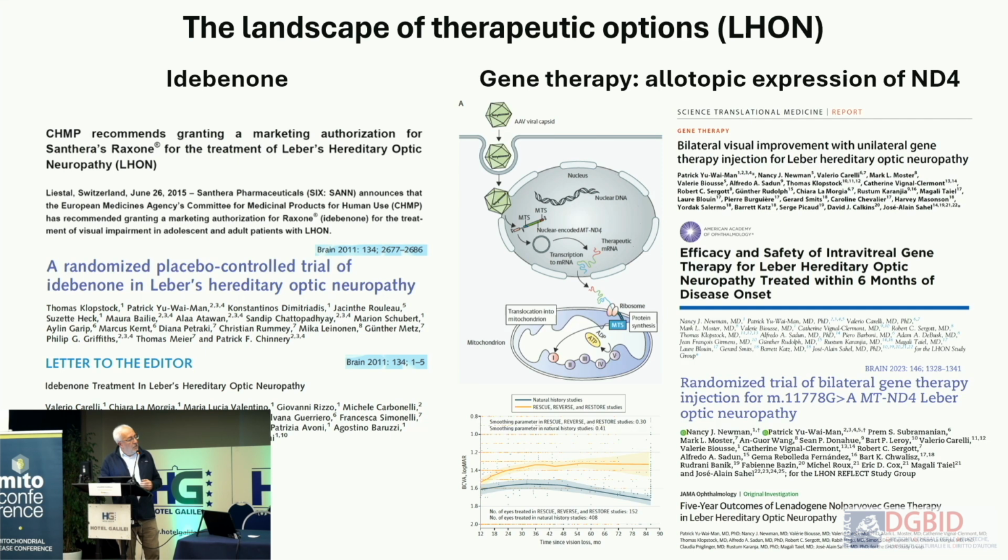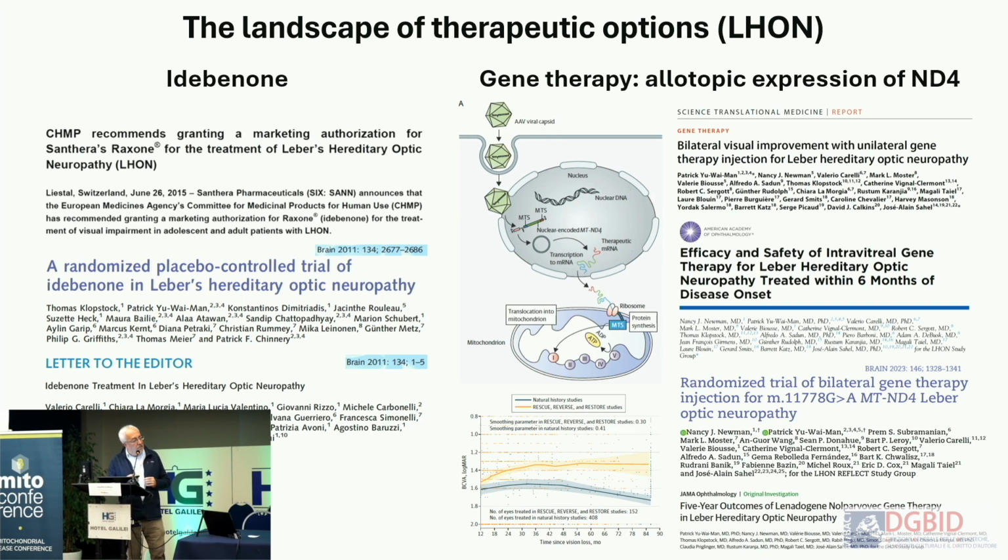Essentially, what we do, we recode the ND4 gene with the coding system for being transcribed and translated from the nucleus, and then the gene is engineered, attaching the mitochondrial targeting sequence, and in this way it is imported into the mitochondria and complements the mutant gene.